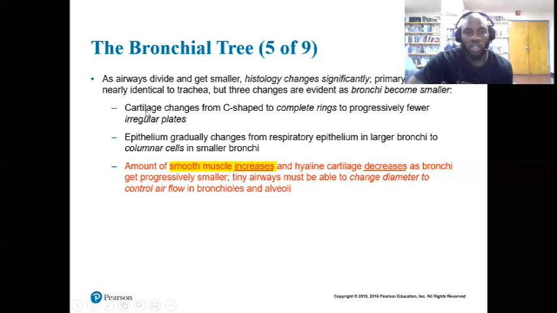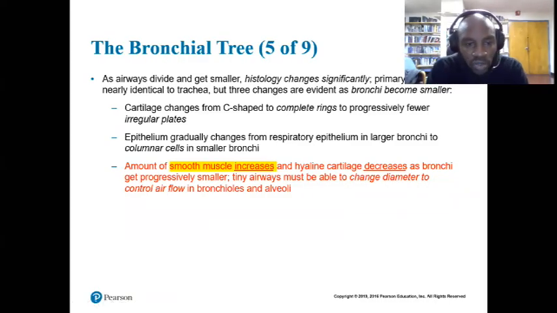Cartilage changes from the C shape, remember that C shape around the trachea, to complete rings. You have changes also in the epithelium, which gradually changes from respiratory in the larger bronchi to columnar cells in the smaller bronchi. We're going to talk about the purposes of that.